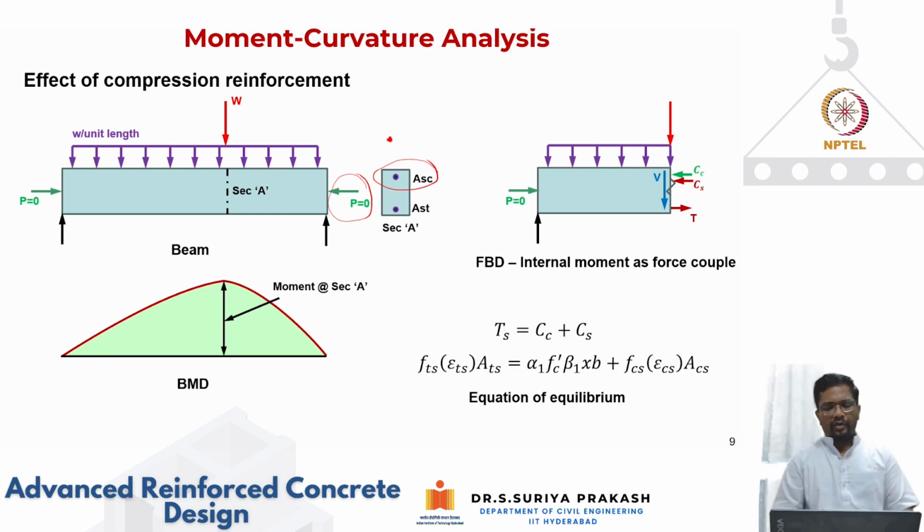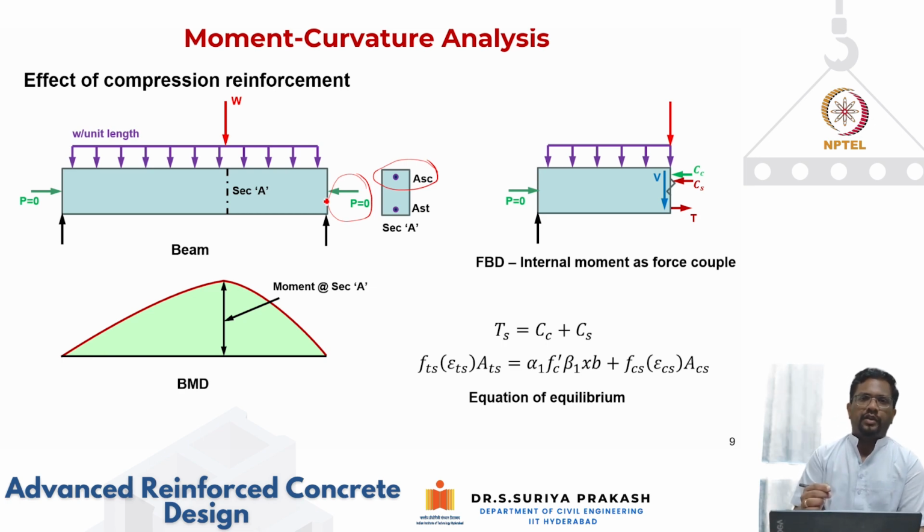Now, when you look at the free body diagram of your left portion, this section is not only having tension steel, it is also having compression steel. So what are the forces that are going to act? Of course, P is equal to 0, no axial compression in this case.